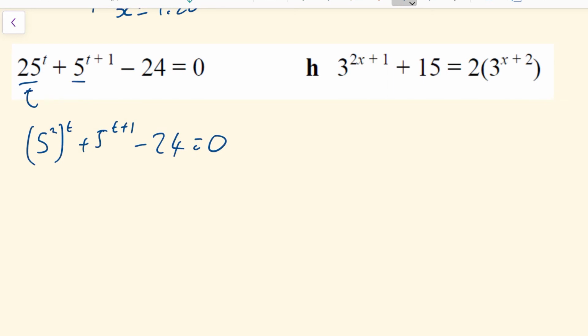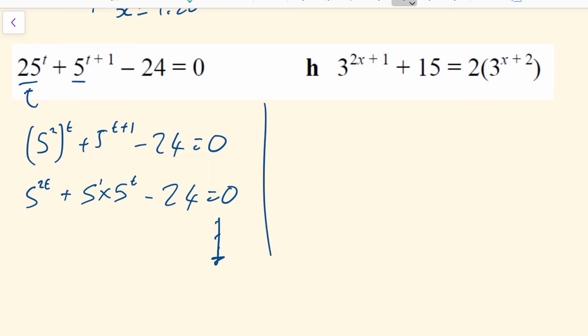We also need to know that 5 to the power of t plus 1 is 5 times 5 to the power of t, because we are adding powers, and this is what should be our initial equation, and you can follow the technique above to complete this. Over here on the right hand side, we should know that 3 to the power of 1 times 3 to the power of 2x would be this bit here.